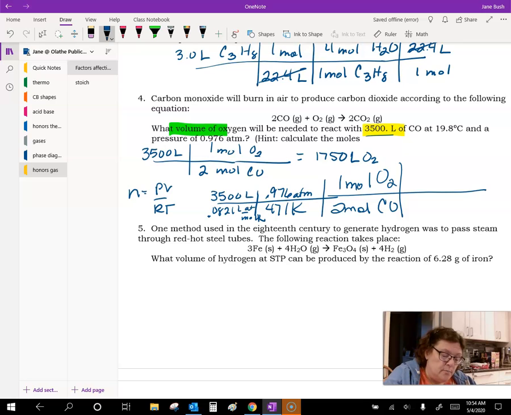Again, if we use PV equals nRT, volume is equal to nRT over P. So we know the moles we've just calculated, so we need to multiply by 0.0821 times, oh, it's not 471, I can't add. 273 plus 19.8 would be 292.8.